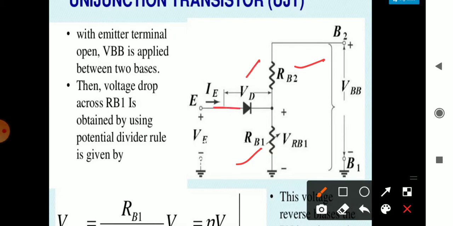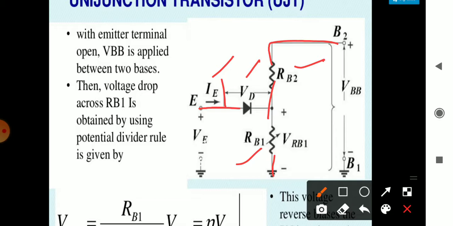The same thing is connected to the emitter. Here it is connected to the ground, and this is connected to the positive terminal. VD is the drop across the diode, and the current flowing in the emitter terminal we call IE. So this is about the circuit.